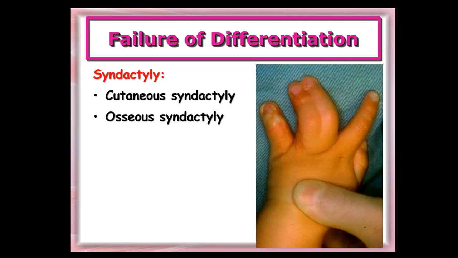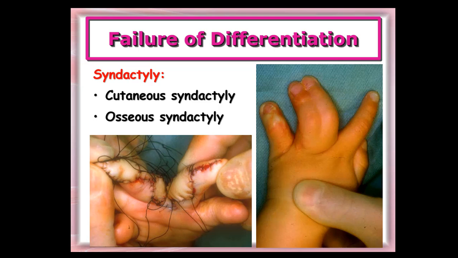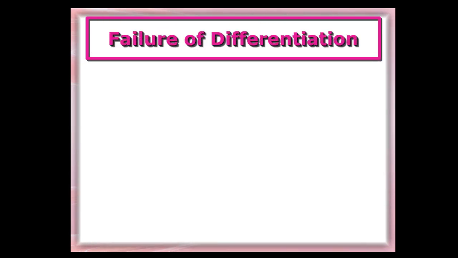Cutaneous means that the fingers are fused by their skin or soft tissue together, while osseous syndactyly means that even the bones fuse with each other. So in this case, you can see that the fourth and third fingers of the hand are fused together. They could be separated by an operation.